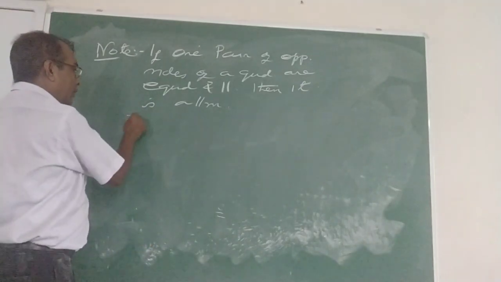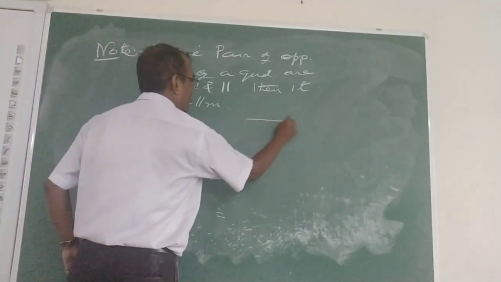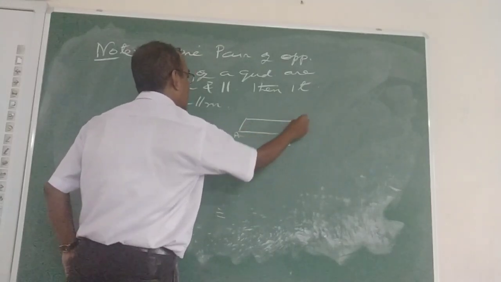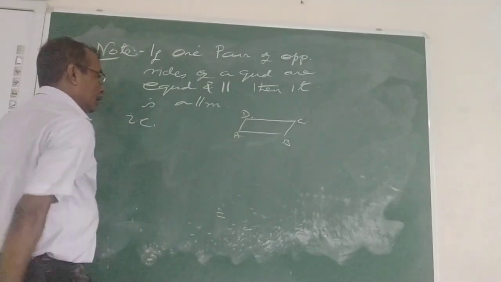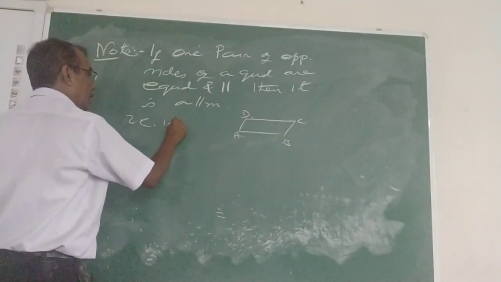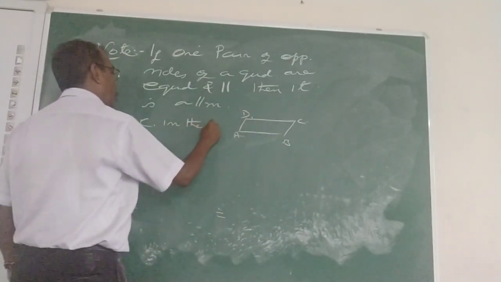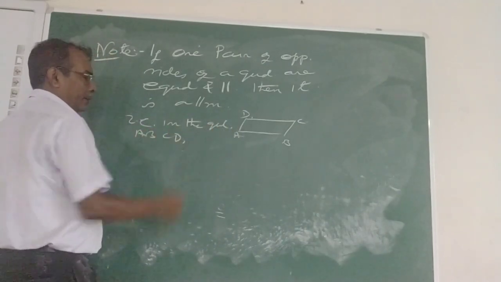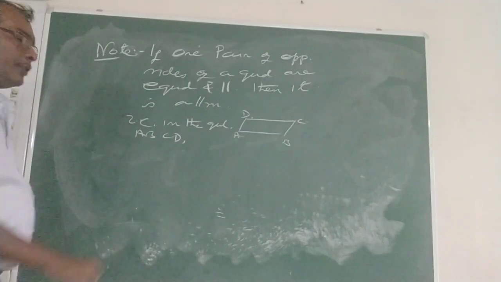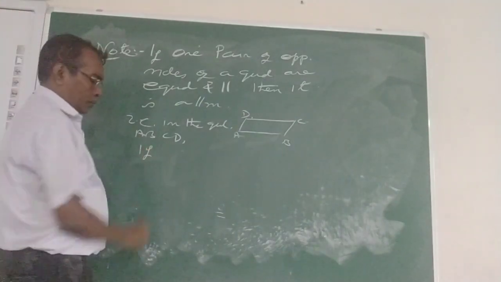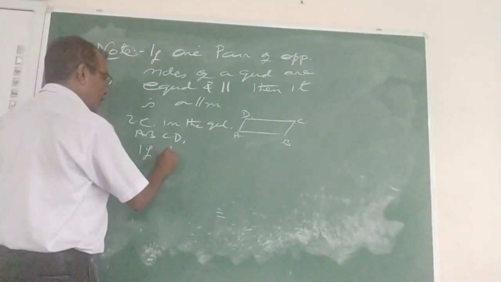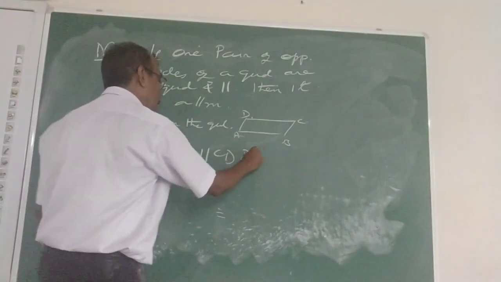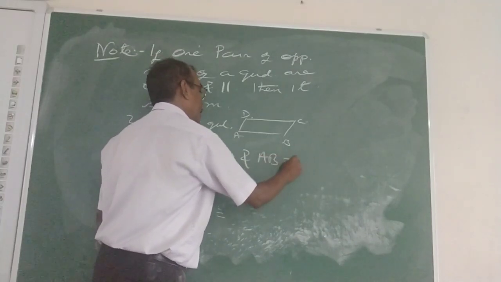That is, suppose in the quadrilateral ABCD, you have proved that AB is parallel to CD as well as AB is equal to CD.